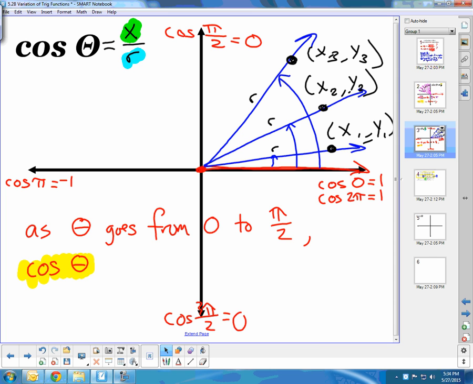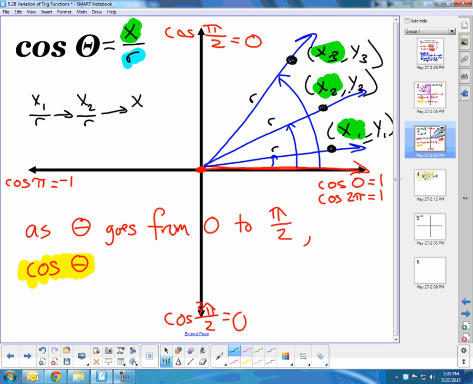So as theta goes from 0 to pi over 2, the x coordinates of the points on my terminal ray, x sub 1, x sub 2, x sub 3, get smaller and smaller and smaller. So I have some x sub 1 over r turning into an x sub 2 over r turning into an x sub 3 over r, where my values of x are getting smaller, the values of r are staying the same.